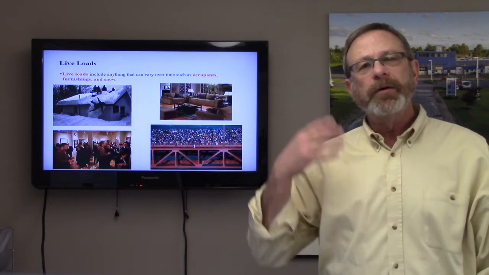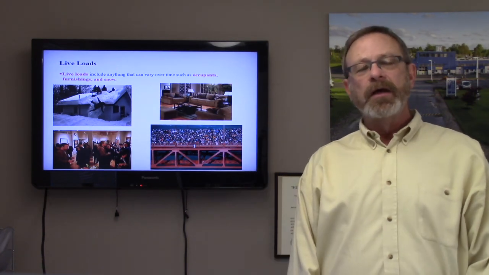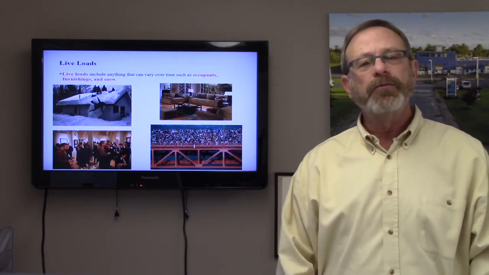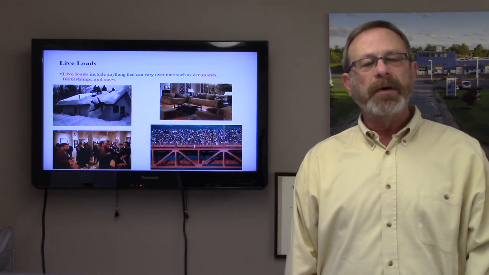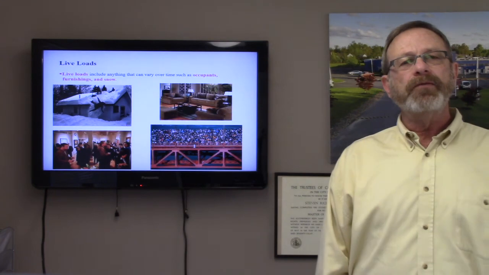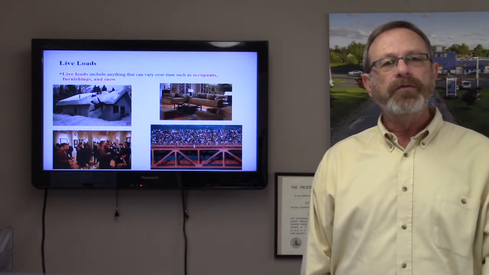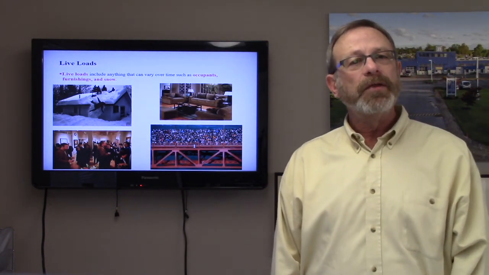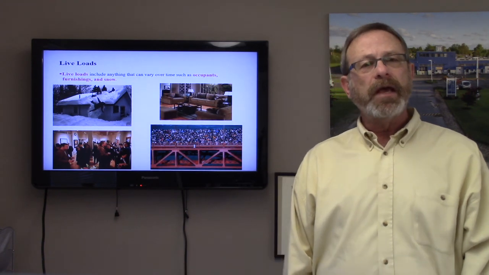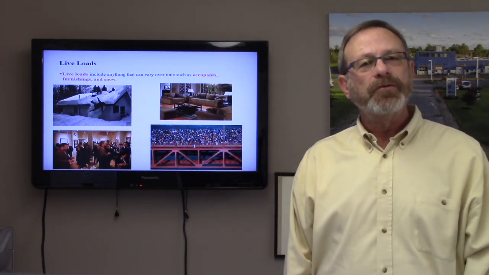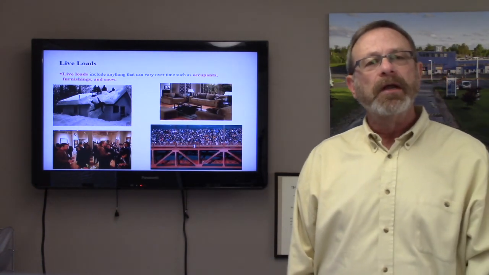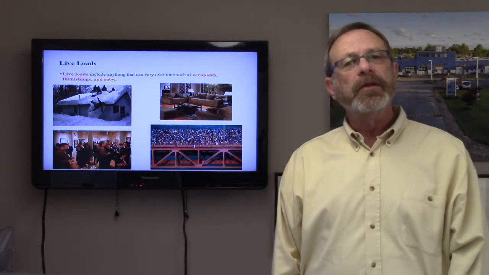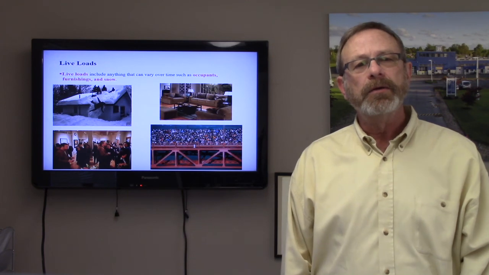Even though we want to use our imagination to the fullest extent, our imagination is often reined in by the limitations that the building code imposes upon us. So snow is one of them. We need to design a roof to support when there is snow. We're okay when there's no snow, but when there's additional load, or maybe somebody working up there, walking around, then we need to make sure that the live load is taken into account.